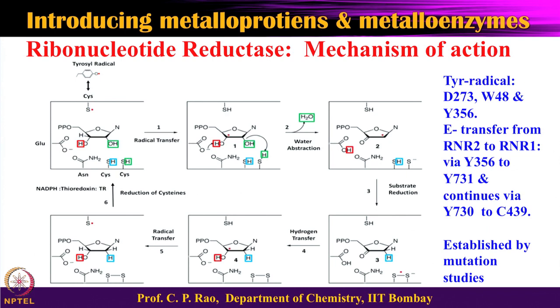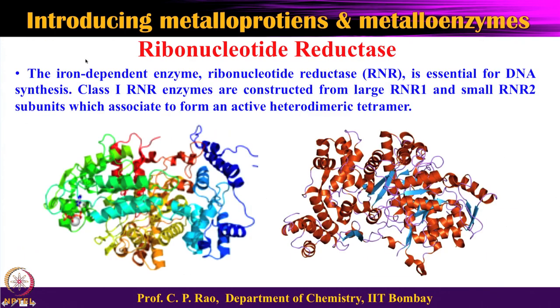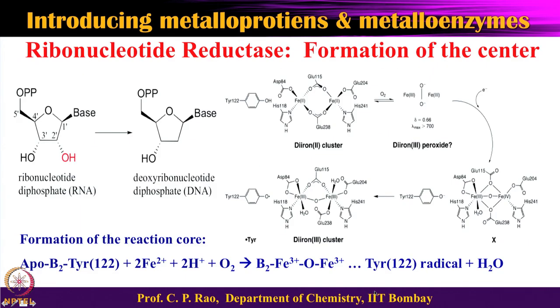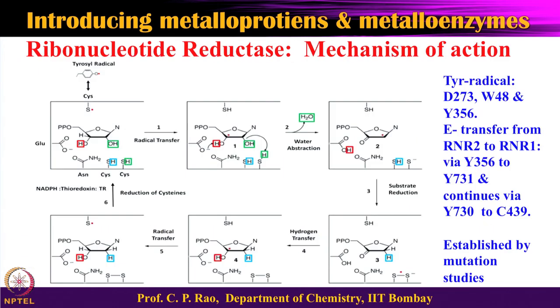And I have shown you earlier, there are different kinds of ribonucleotides, the ADP, GDP, CDP, UDP, etc. All of these are recognized and bound by the RNR1.